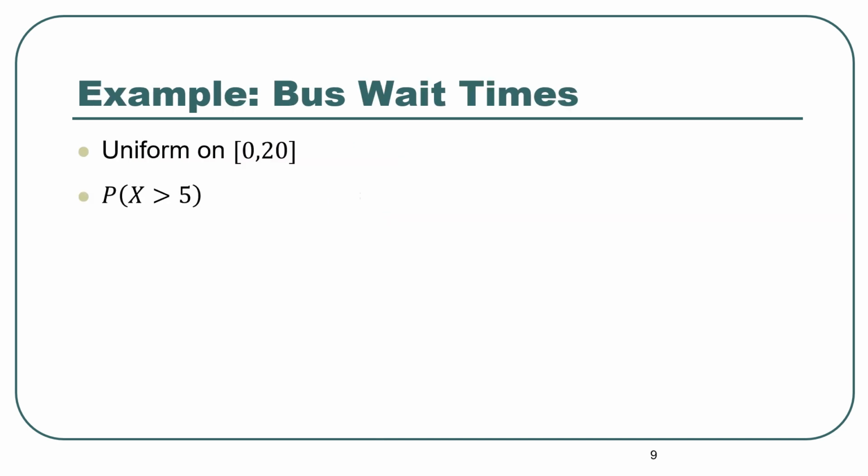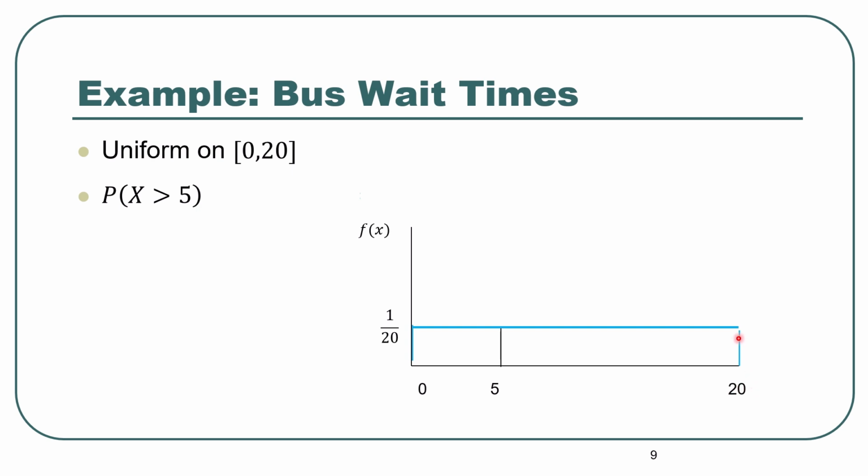So let us see one example here. The wait time, the amount of time in minutes that a person must wait for a bus, is uniformly distributed between 0 and 20. What is the probability that the person waits more than 5 minutes? If x is the waiting time, what is the probability of x greater than 5? This is the PDF between 0 and 20, and it is defined to be a uniform distribution, which is 1 over 20. Why? Because 1 over b minus a is 1 over 20 minus 0, which is 1 over 20.